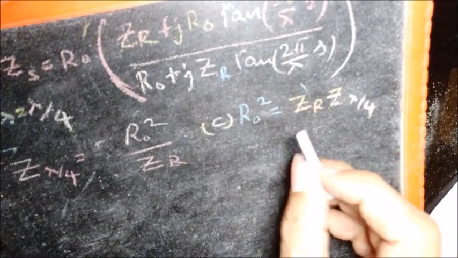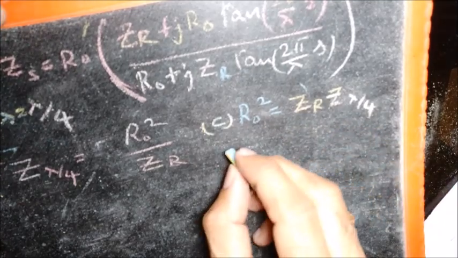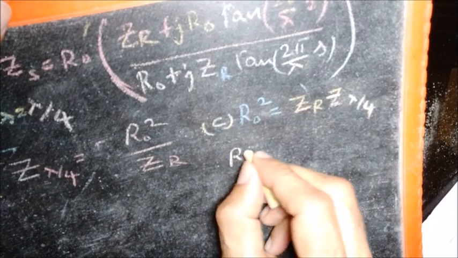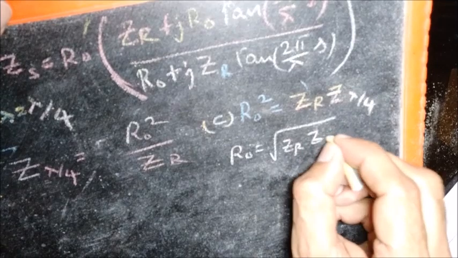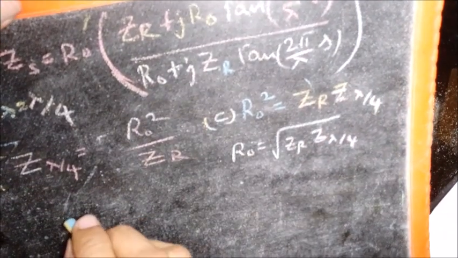When R0 square is ZR Z lambda by 4, it of course implies R0 is the square root of ZR Z lambda by 4.